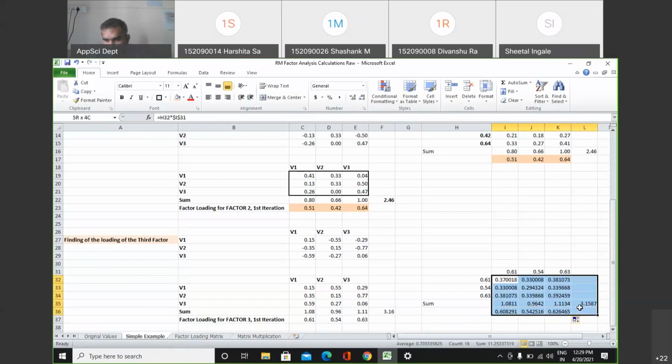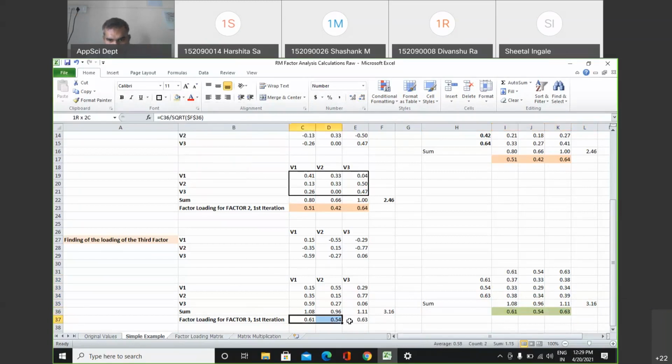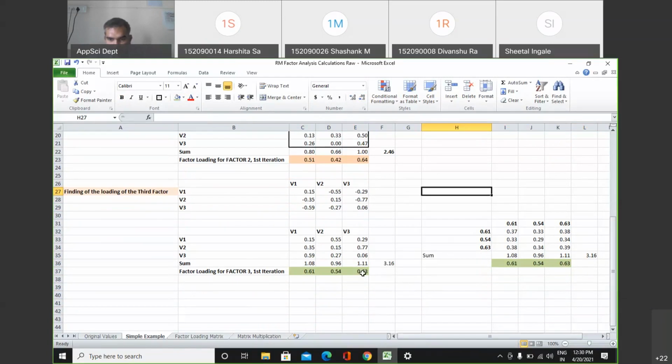Here we can have everything in decimals. So here we can see this value and this value are the same. We can do a little bit of decoration here, which is seldom required, but very useful when we revise. So this matches, so we can take this loading.